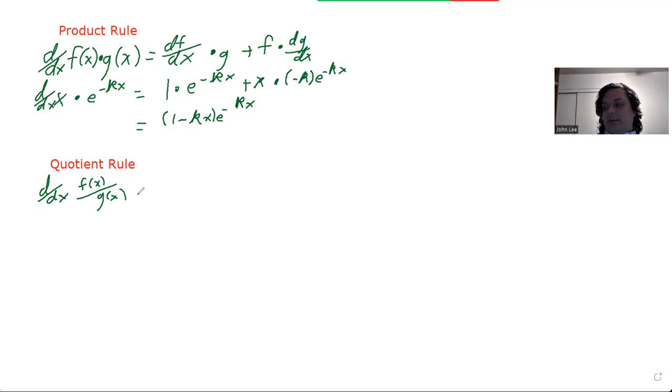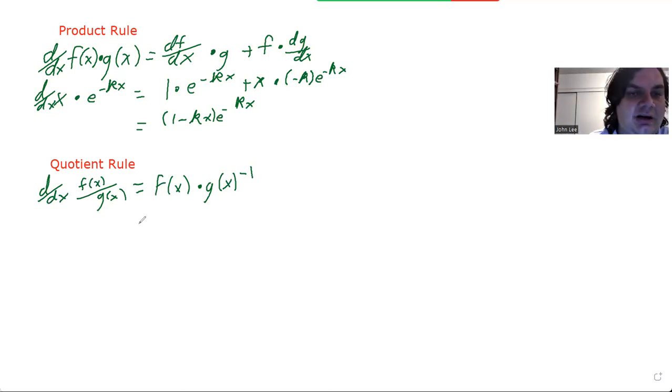But this is kind of suspiciously easy, so you can just use the product rule to do this, because this is equal to f of x times g of x to the negative 1.